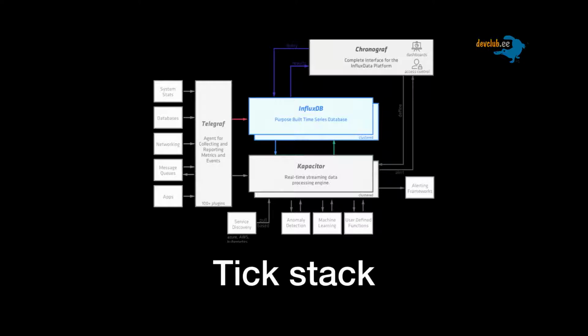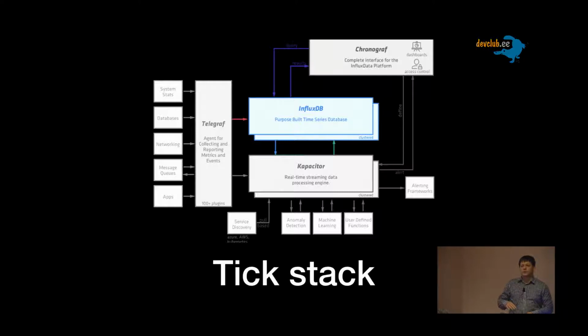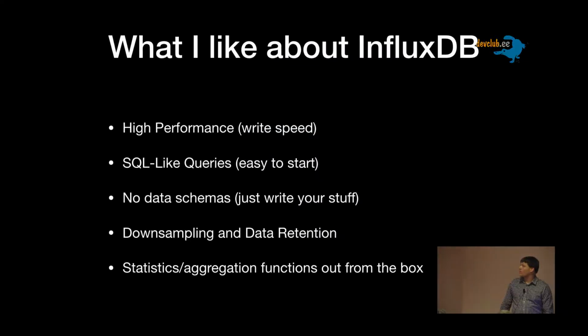I'll show it a bit later. And Kapacitor, an event processing system. In most cases, it's used for notifications. So it can detect that some kind of limit was reached, and it notifies the administrator or some kind of responsible guy about this event.